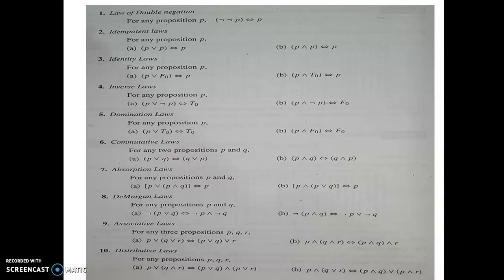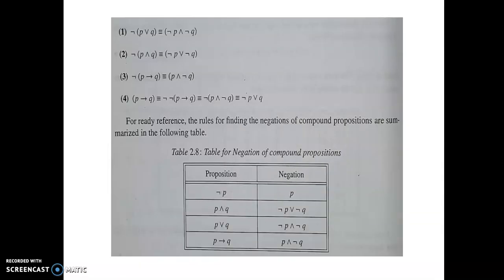We also need to focus on a few other formulas. In fact, these are not laws, but we need to remember them. They can be proved by using a truth table, but we need not worry about the truth table concept right now.